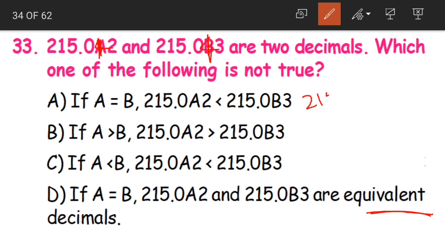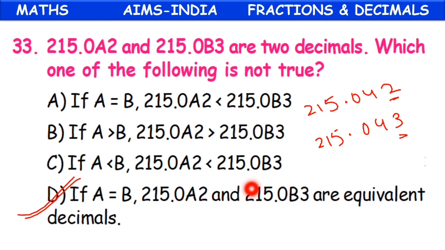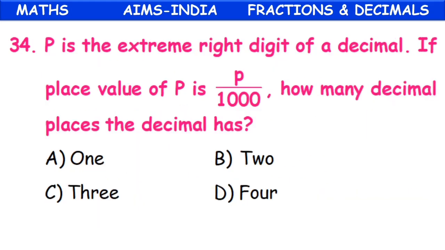No. See, the first decimal is 215.042 and the second decimal is 215.043. Here the values are different in the thousandths place. So the given two decimals are not equivalent decimals. So option D becomes our correct answer, as it is our false statement. Option D is our correct answer.